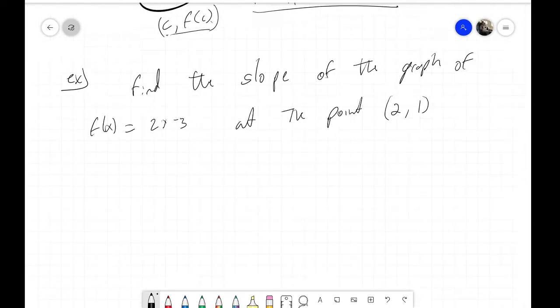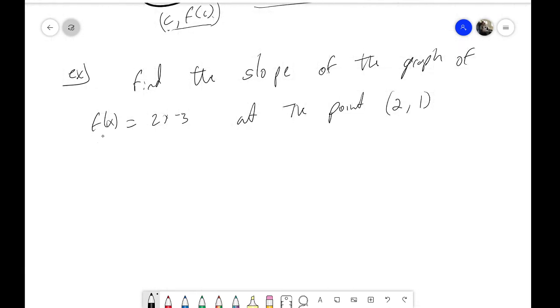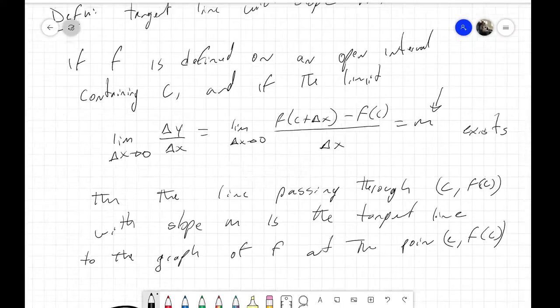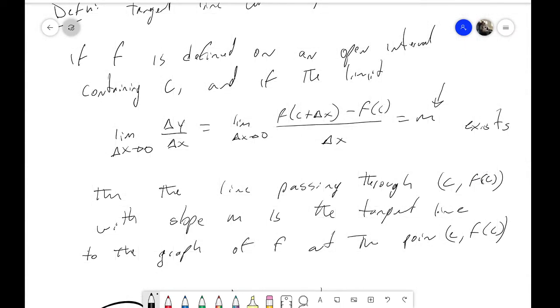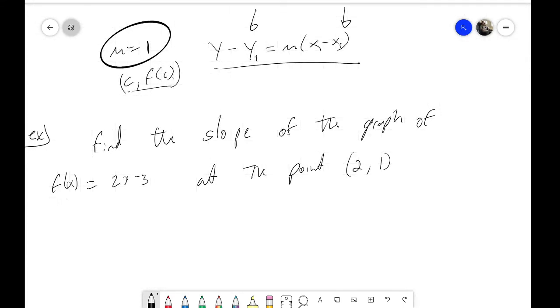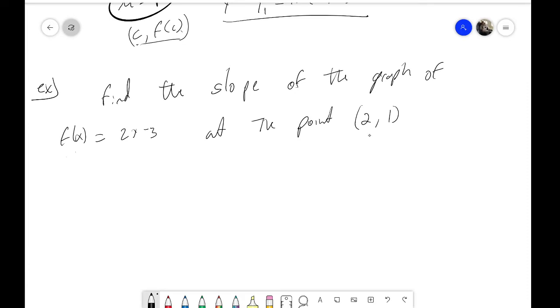To find the slope of the graph of f of x when c equals 2, we can apply the formula from above. That says to take the limit as delta x goes to 0 of f of c plus delta x minus f of c divided by delta x. We don't know what delta x is, but we do know what c is. Here c is 2. That's our input value, our x value.